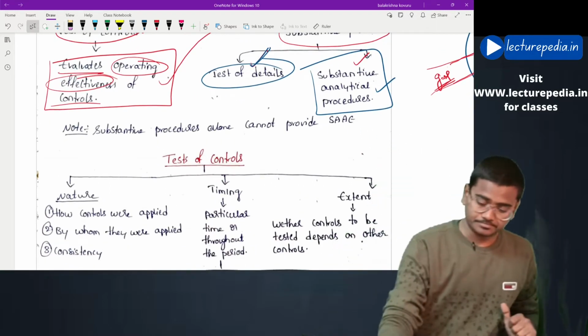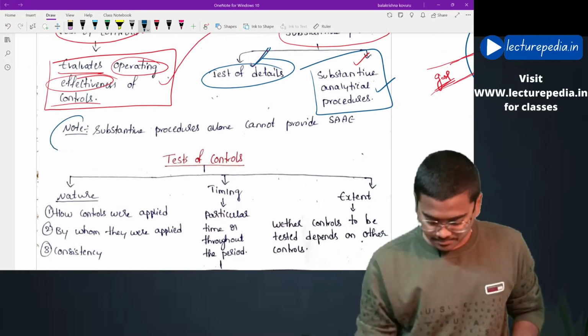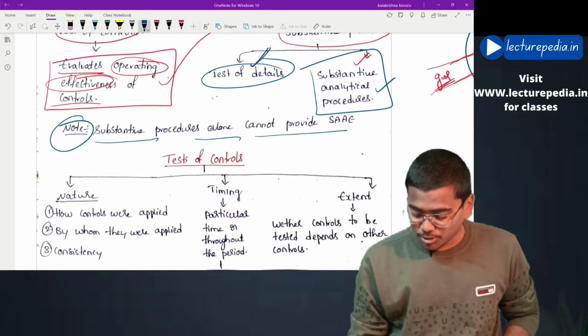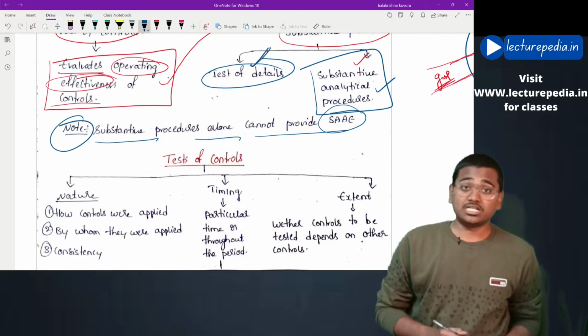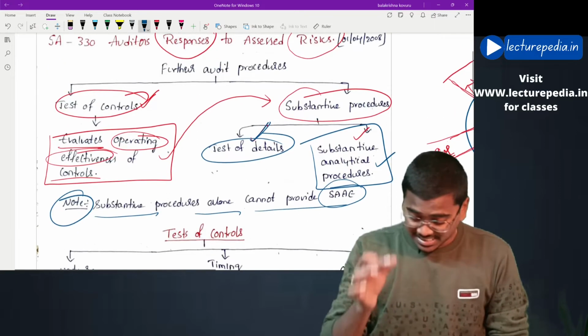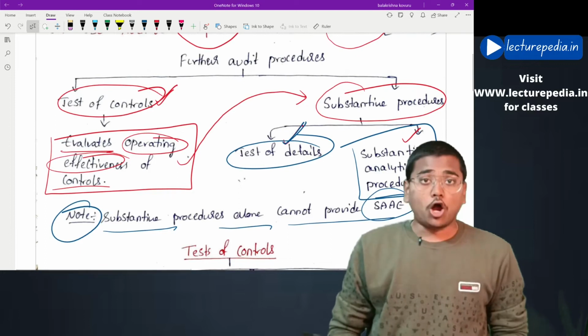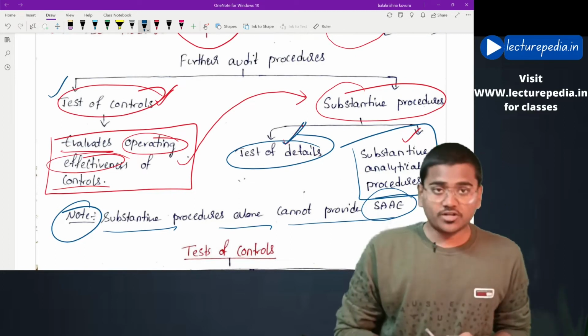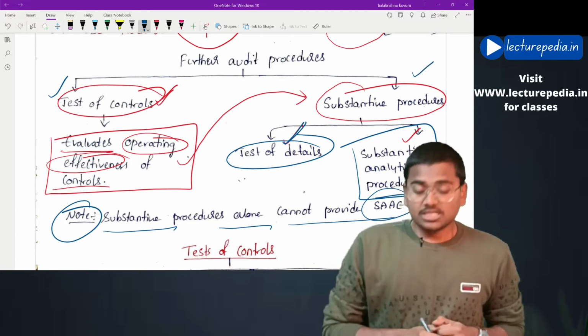Next, note: substantive procedures alone cannot provide sufficient appropriate audit evidence. See, in his further audit procedures, auditor will perform some amount of test of controls and some amount of substantive procedures.